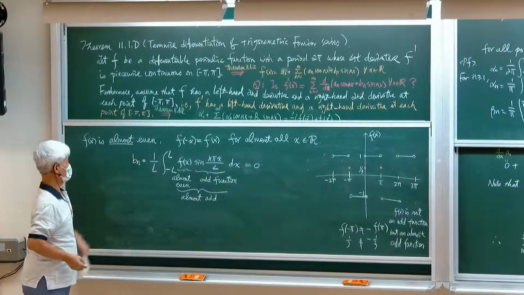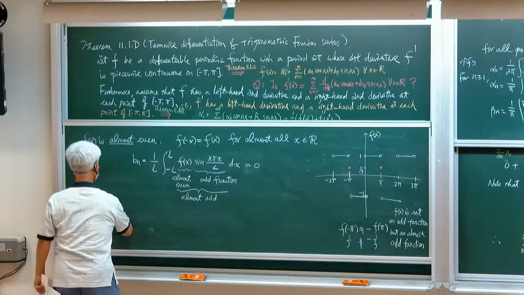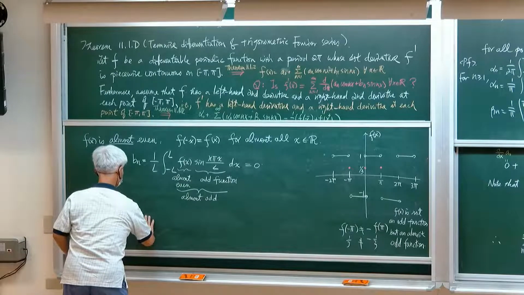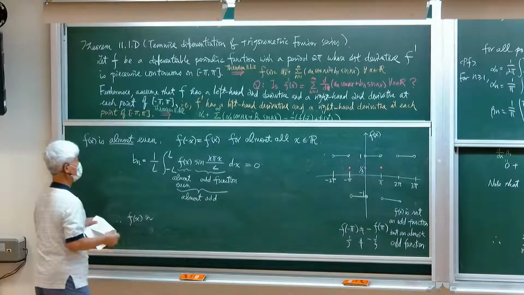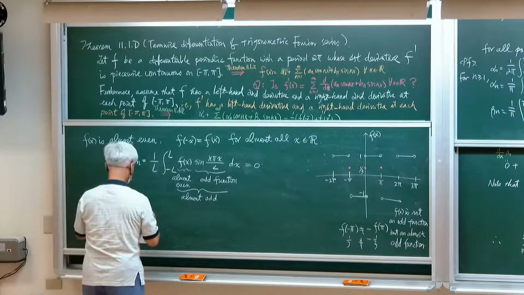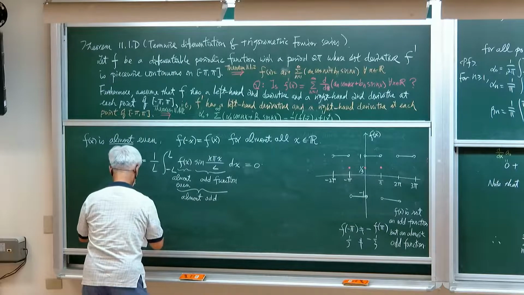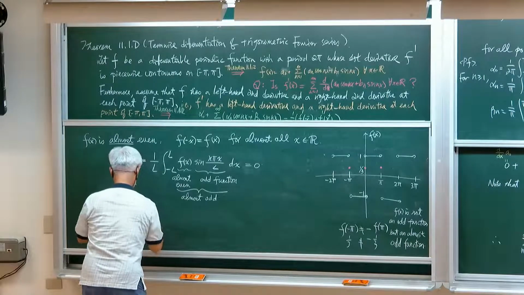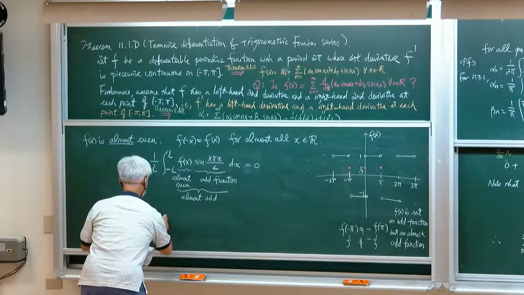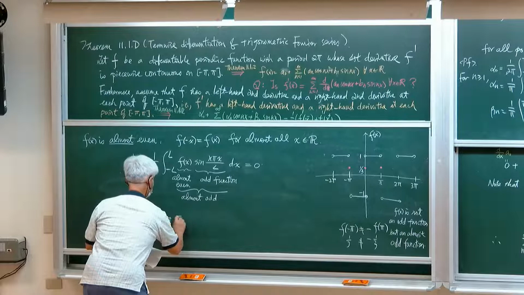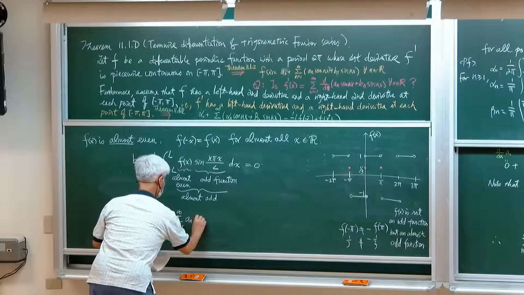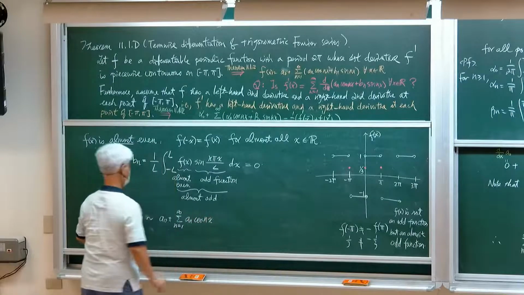So that f of x, I will use this notation, to show that this is equal to a0 plus the summation from n equals 1 to infinity of an cosine nx.